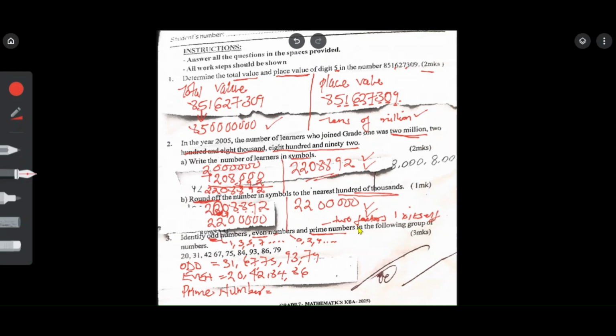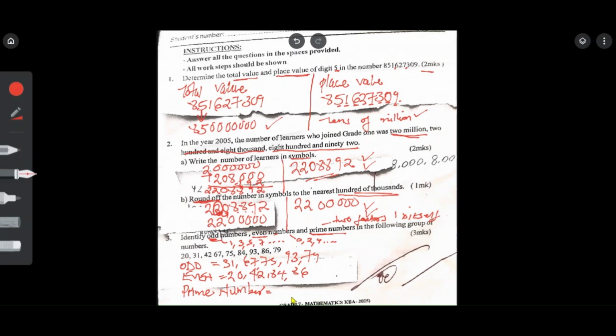Now, prime numbers are numbers with only two factors. So 20 is not, because 20 has more than two factors. 4 multiplied by 5 can give you 20, and 1 multiplied by 20, or 2 multiplied by 10. It has more than two factors. 31, yes.